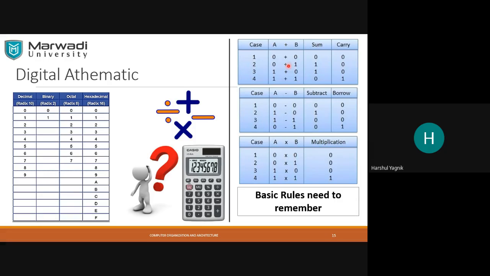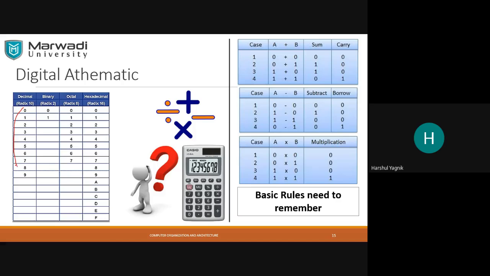For example, when we add two binary numbers, 0 plus 0, the sum is 0 and the carry is 0. 0 plus 1, sum is 1 and carry is 0. 1 plus 0, sum is 1, carry is 0. And 1 plus 1, sum is 0, carry is 1.